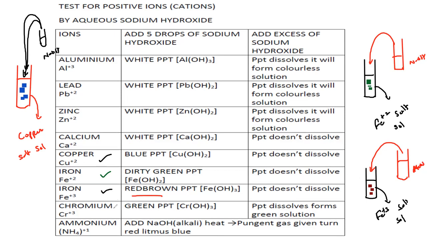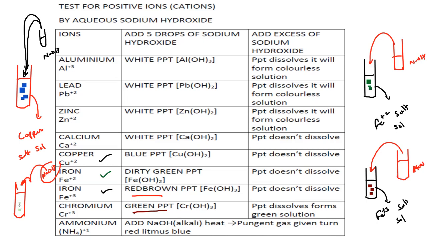If we have a chromium ion, we add sodium hydroxide, it will give a green precipitate, and the precipitate dissolves to form a green solution. So first, what happened? If we have this salt of chromium and we are adding sodium hydroxide, first we'll observe a green precipitate is formed.